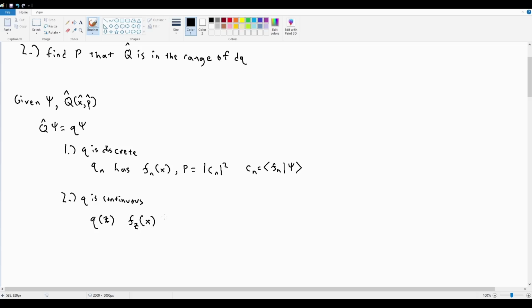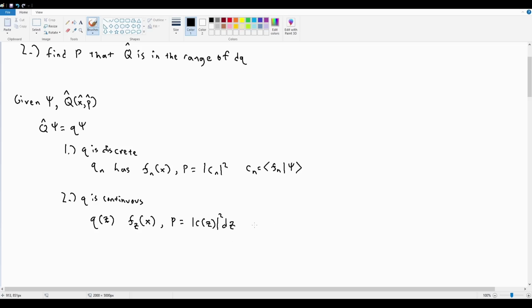And then now your probability is going to be equal to the magnitude of c of z, because there's a coefficient for every single eigenvalue, and the eigenvalues are continuous, so the coefficients also form a continuous function of z. Magnitude squared of that, and you have to integrate it over dz.